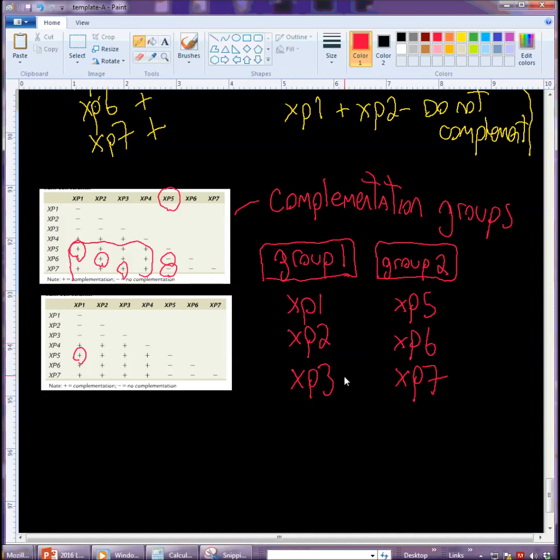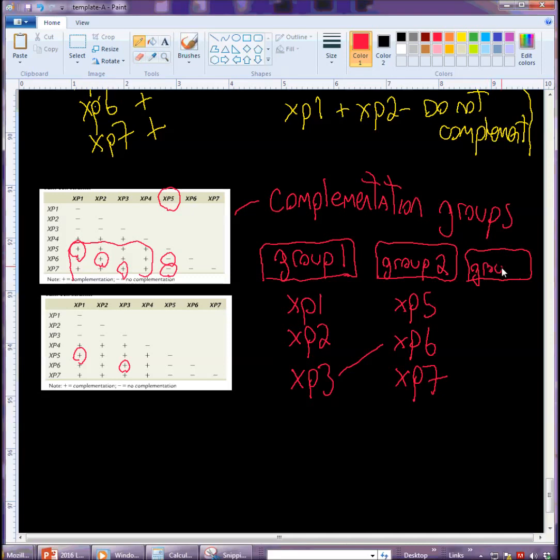How about XP3 with XP6? So XP3 with XP6. Okay, perfect. Now we can check every order and every combination, and we would find that every combination of mixing group 1 with group 2 complements unscheduled DNA synthesis, or the lack of unscheduled DNA synthesis. It restores it in the heterokaryon.